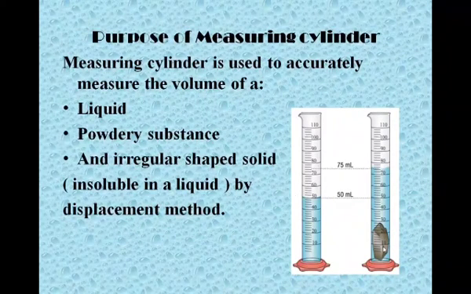And with the help of displacement method, we can measure the volume of irregular shaped solid. So it means that the measuring cylinder helps us in taking the volume. With the help of measuring cylinder, we can find out the volume of a liquid, a powdery substance, or the irregular shaped solid which is insoluble in liquid.